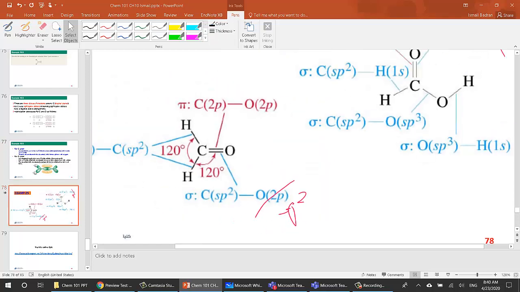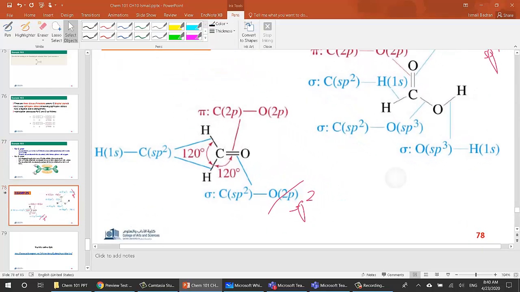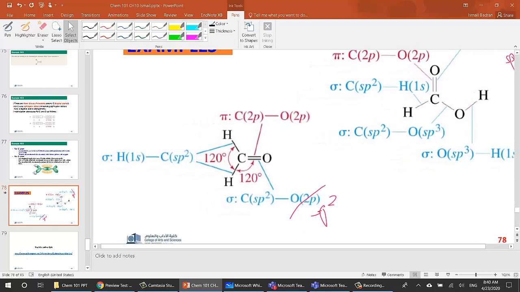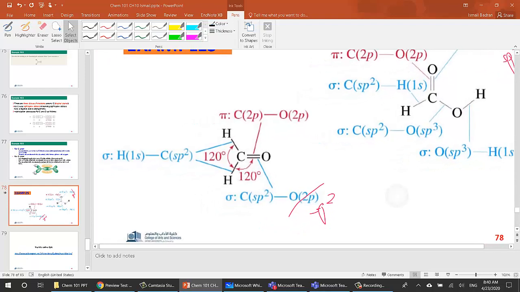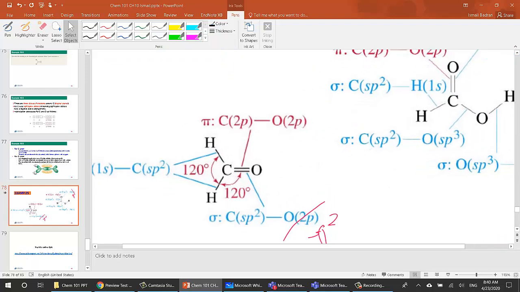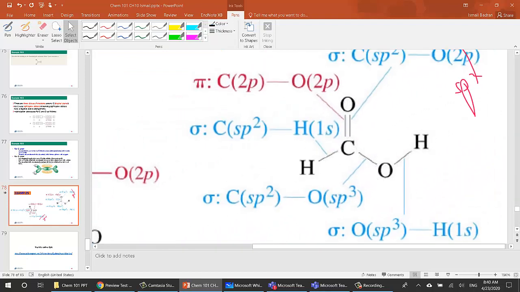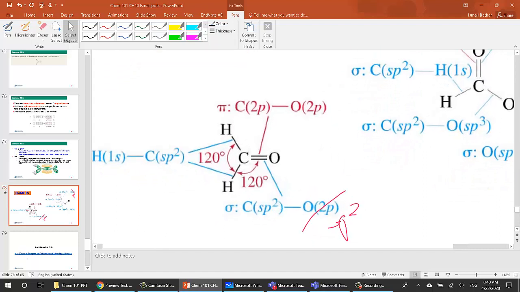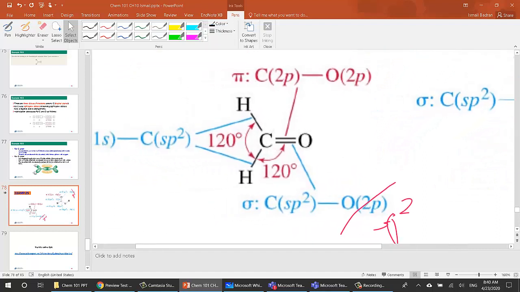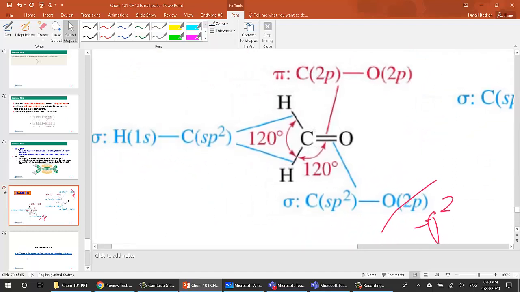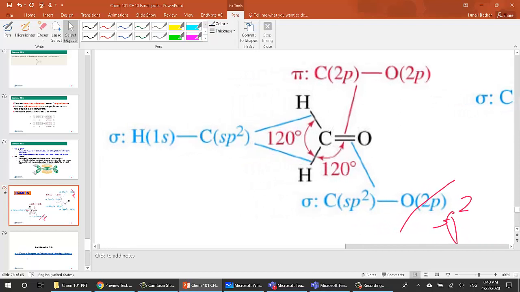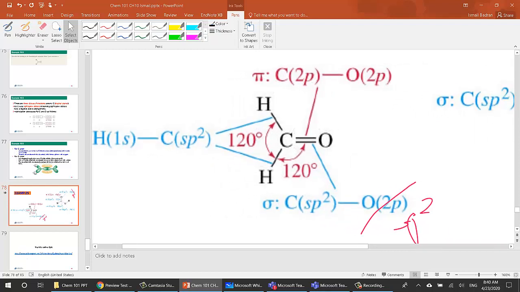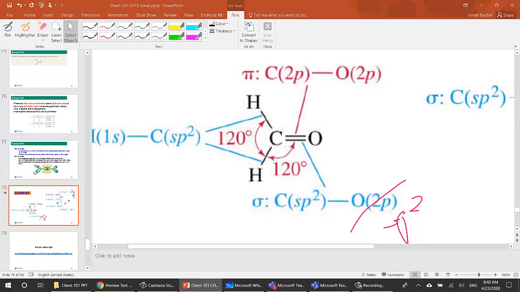So in the last slide in this chapter, there is a mistake actually. If you go back to slide 78, there is a mistake that we need to correct. For this one, the carbon is making a sigma bond with the first hydrogen, sp2 with 1s, that's right, and this one is carbon sp2 with the other hydrogen.